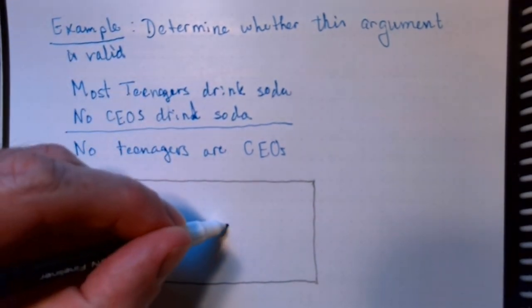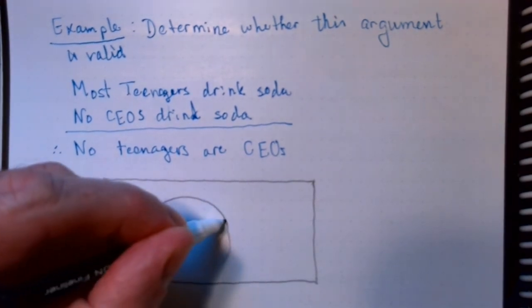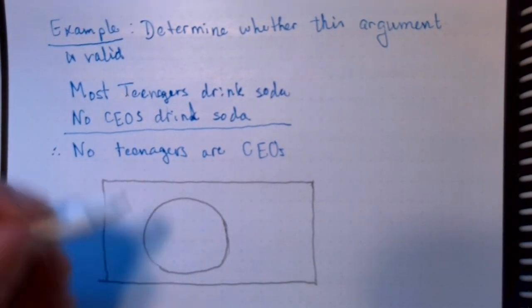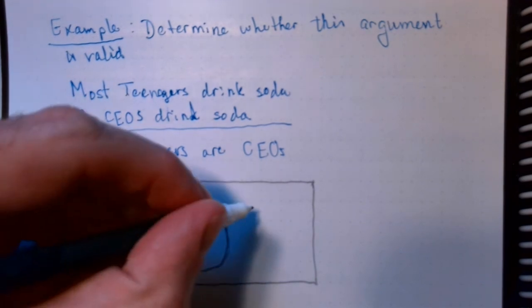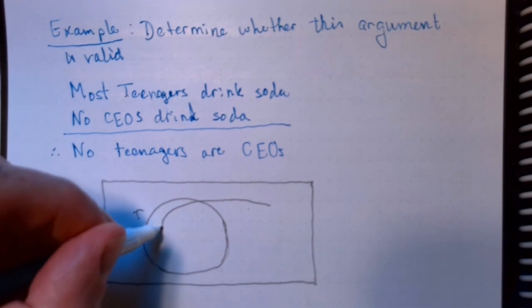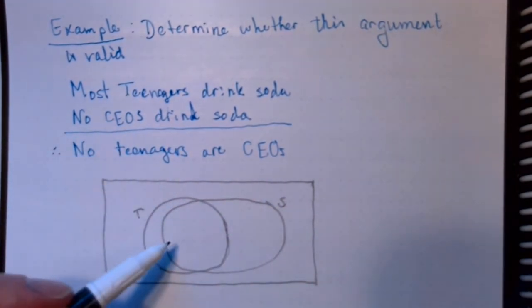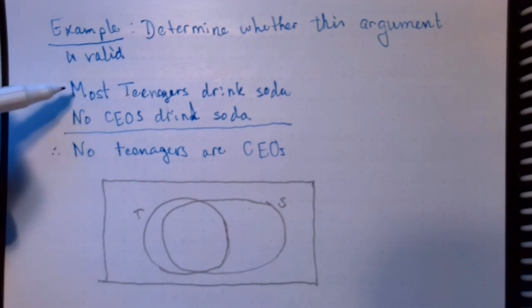In other words, I think we need something like this. Set of teenagers, I'm just going to label that with a T. The set of soda drinkers, maybe something like that. Okay, so this is demonstrating what this first premise says.